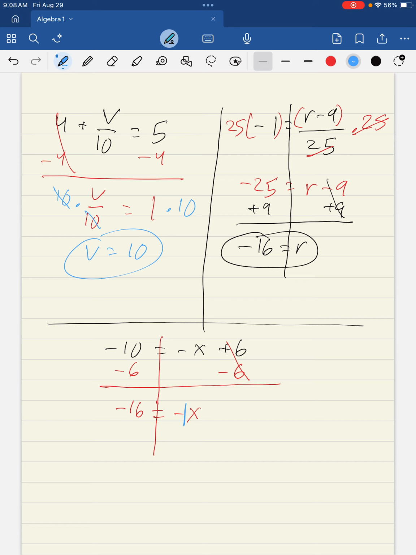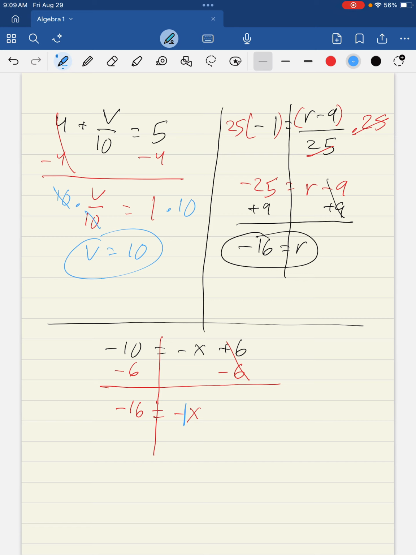You wouldn't run around saying, I have one apple. It's assumed that if you have an apple, you have one. If you have a variable, you have one of those variables. So a negative x is like a negative 1x. It's helpful for me to make that invisible one visible by writing it. So I'm going to write it right there.